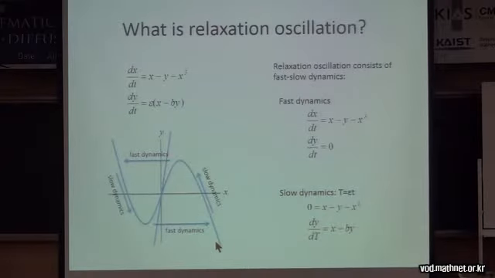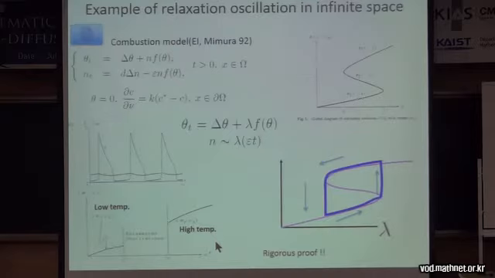So this is a very simple example for ordinary differential equations, but there is a similar kind of periodic solution in partial differential equations. This is an example which was shown many years ago. This is a combustion model equation.